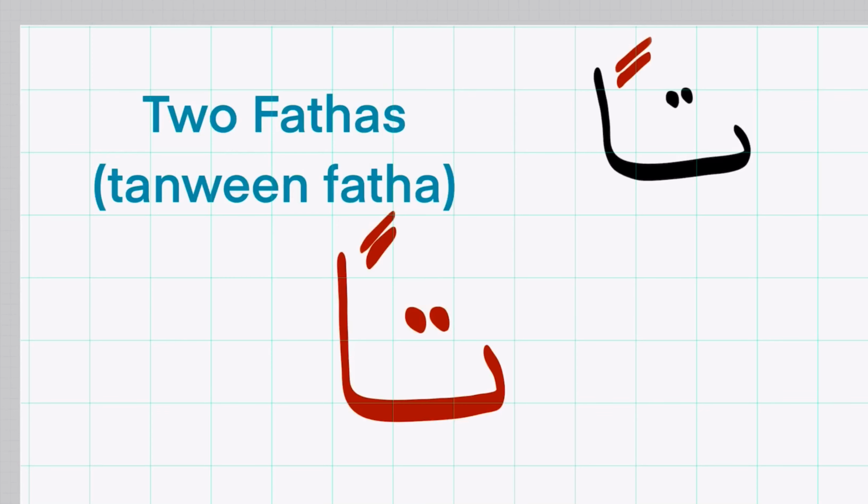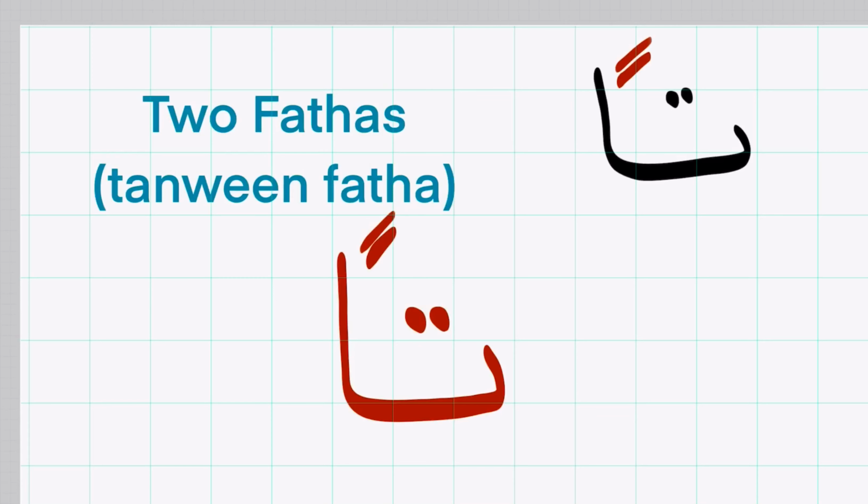And remember here, when you have tanween fatha, you have to add the alif or long vowel a. But the truth is that this is written, the alif is written here, but it is a silent letter.